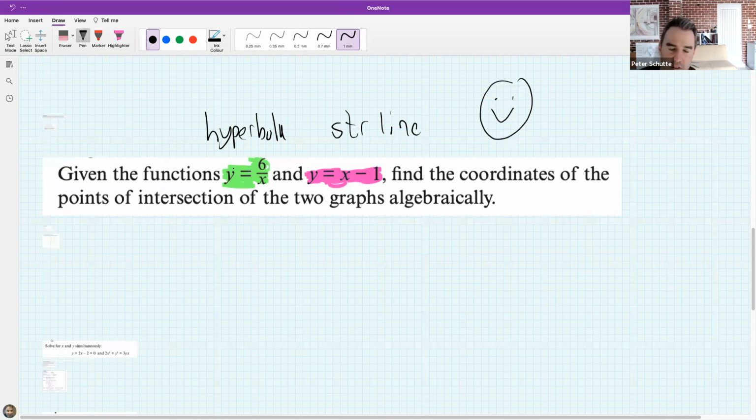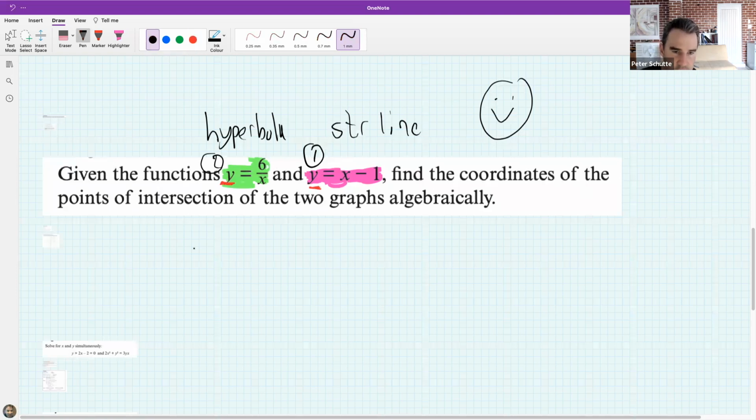Okay, so I would suggest we call this equation 1 because it's a straight line, and this is equation 2. Is it possible that we can eliminate one of the variables by subbing equation 1 into equation 2? I think it is. There's a y over here and there's a y over here.